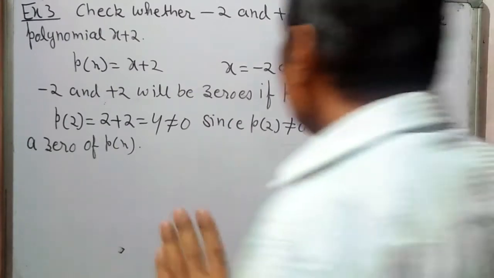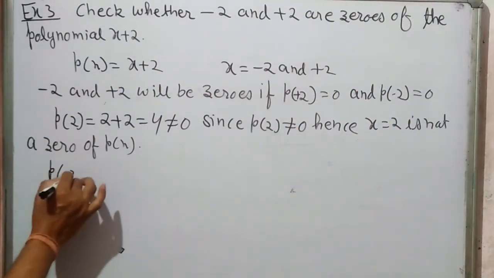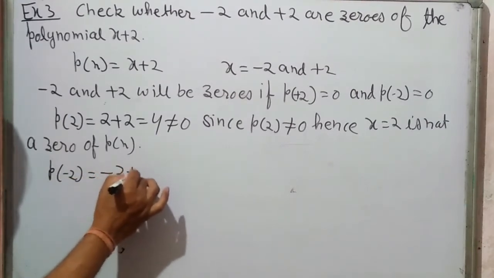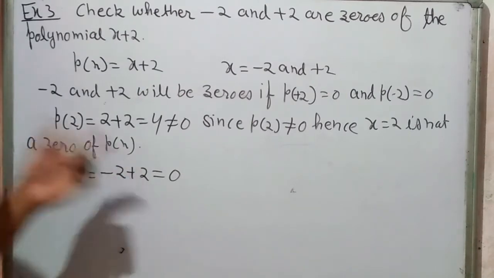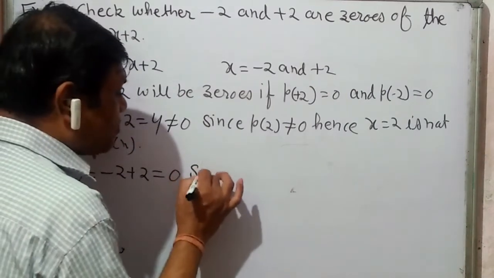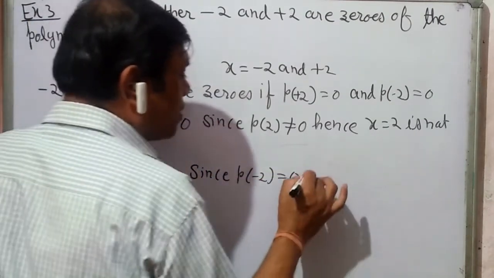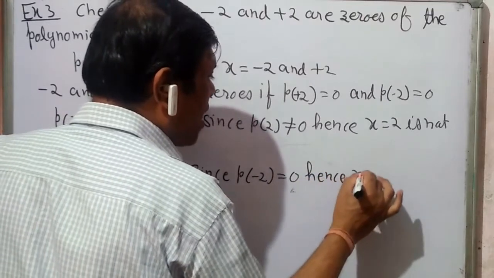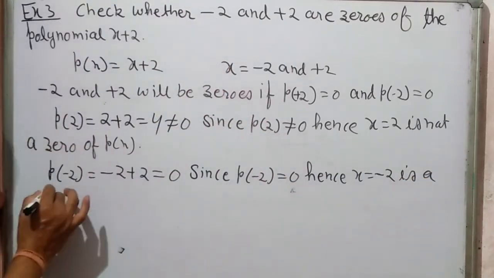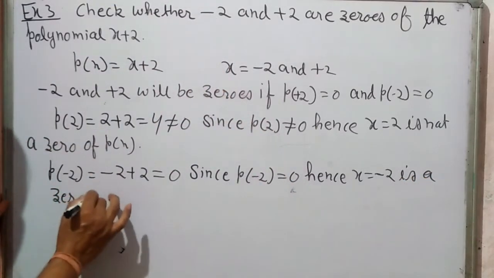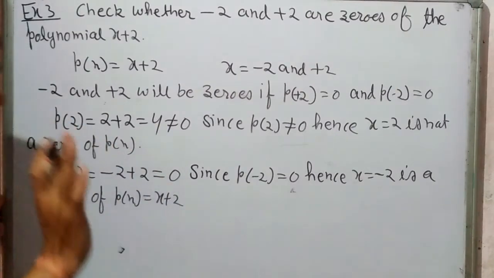Next we check the polynomial's value at minus 2. The polynomial's value at minus 2 will be minus 2 plus 2. Is it equal to 0? Yes, minus 2 plus 2 is 0. So we can say, since the polynomial's value at minus 2 is 0, hence x equals minus 2 is a zero of p(x) equals x plus 2.